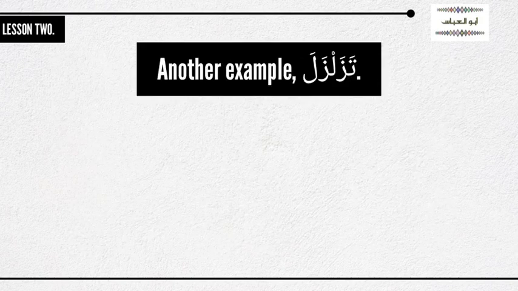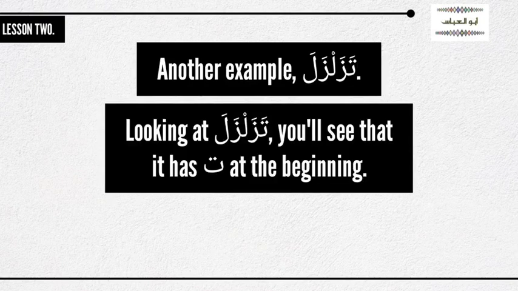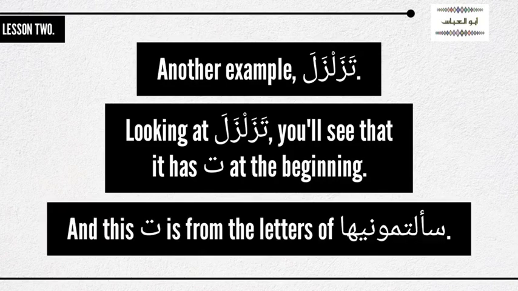Another example, tazalzala. If I look at tazalzala, I would see that it has ta at the beginning. And this ta is from the letters of sa'altumuniha. And this ta is in the beginning of tazalzala.